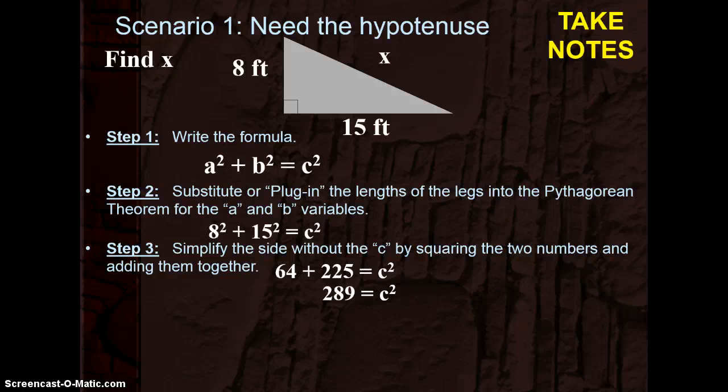289. But that's not your answer because 289 is C squared. We just want to solve for C. What's the opposite of a number squared? Who can tell me that? Trevor, maybe you can tell me this because you did it in your mathetizer today. What button did you hit to get your answer?